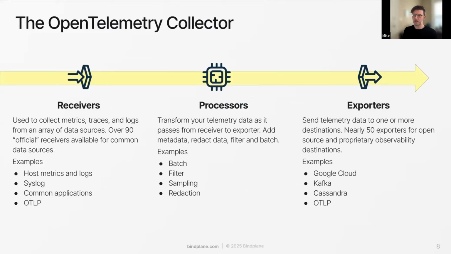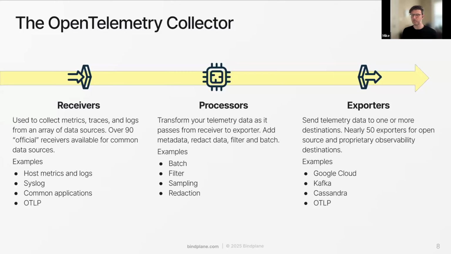So you can think of this as you need to gather host metrics from a virtual machine or logs from a custom application, or you want to ingest syslog or, say, Apache or Aerospike. There are over 90, and it's probably even well beyond that at this point, what we call official receivers that are in the OpenTelemetry repository and supported by the OpenTelemetry project for all the common data sources.